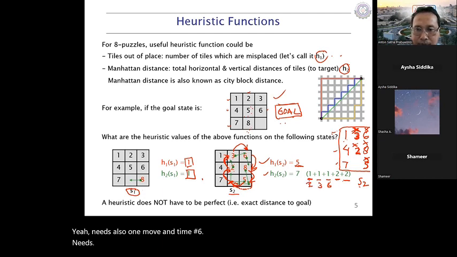Tile number 8 needs 2 moves, and tile number 5 needs 2 moves also. So we got 7 for the Manhattan distance.